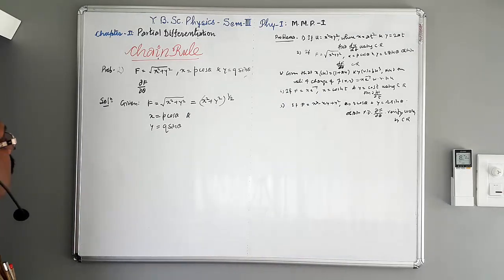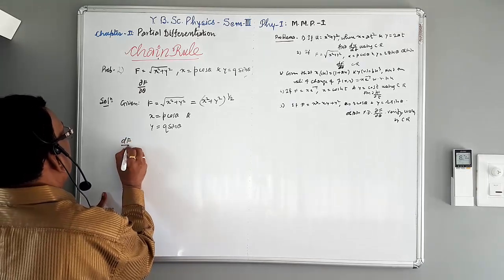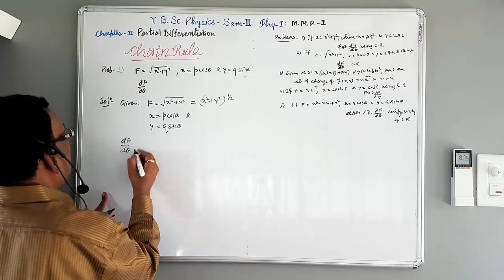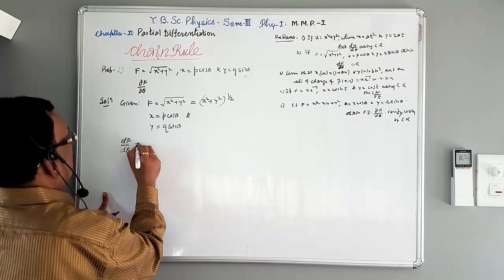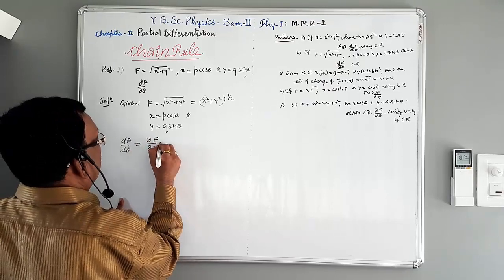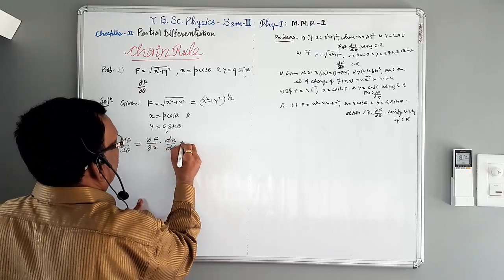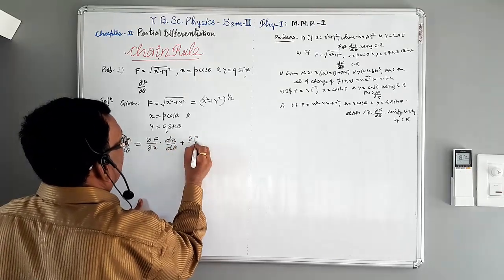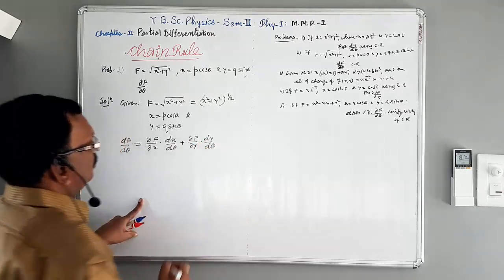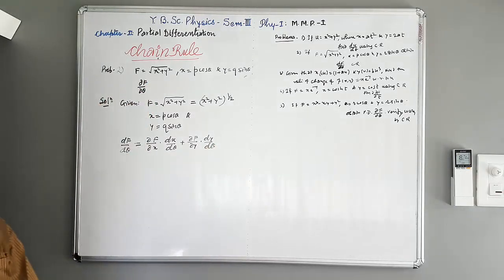Simply chain rule is like this: df by d theta, or del f by del theta, both are same, is del f by del x into dx by d theta plus del f by del y into dy by d theta. This is the chain rule for obtaining df by d theta.